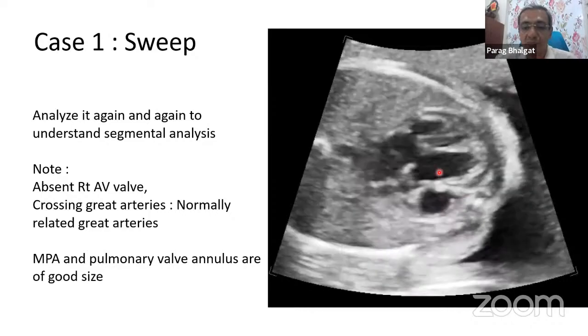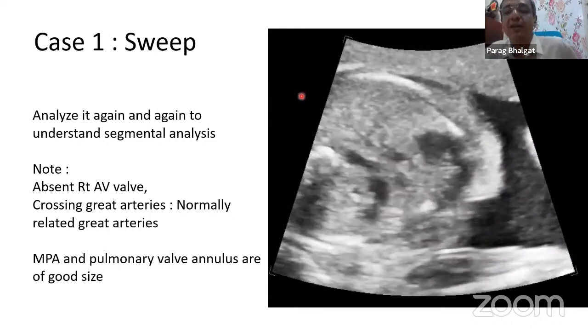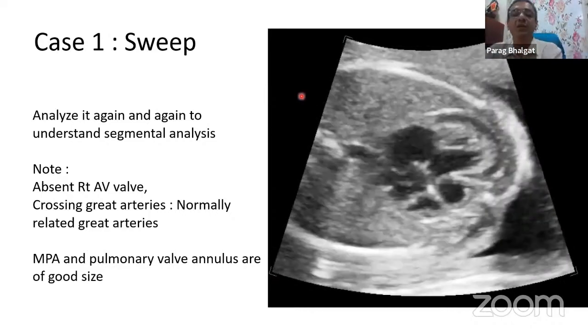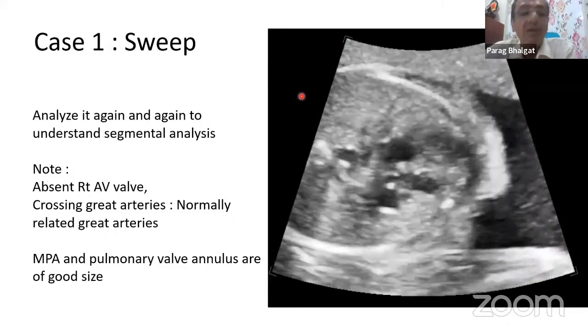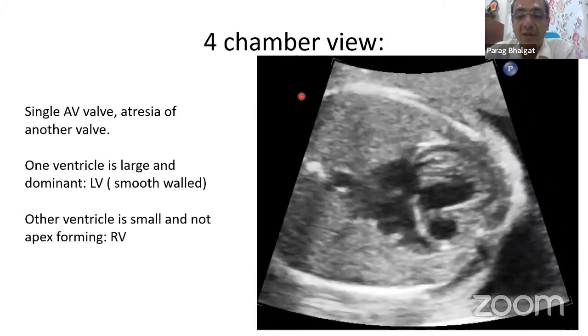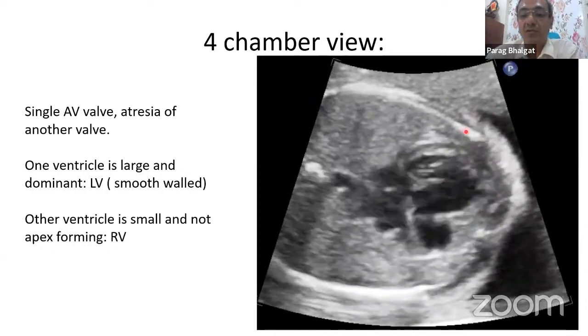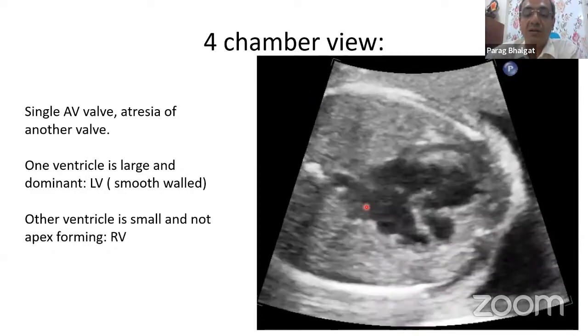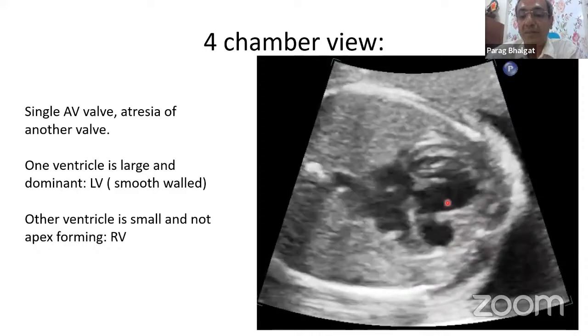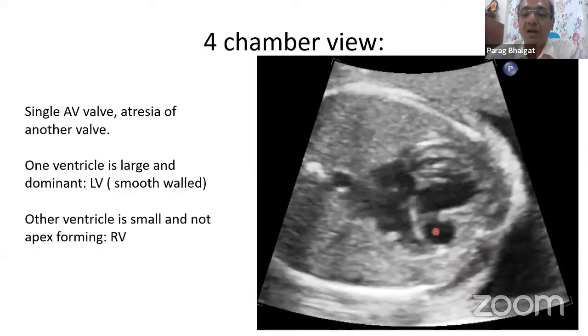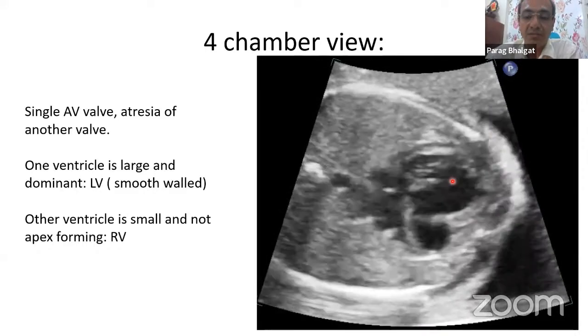Okay, so whatever we want to see in the case of tricuspid atresia, normally related great arteries is seen here. So AV valve, this is the ASD, VSD, RV, LV, all things.